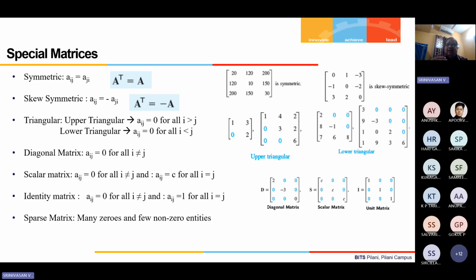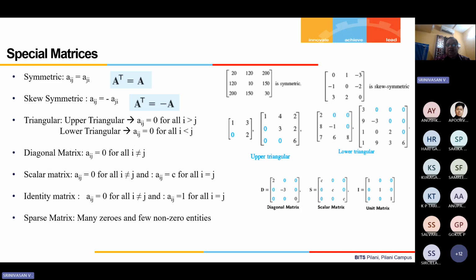But necessarily, the elements below the principal diagonal are all zeros for upper triangular. So that is what you mean by Aij equal to 0 for all i greater than j.